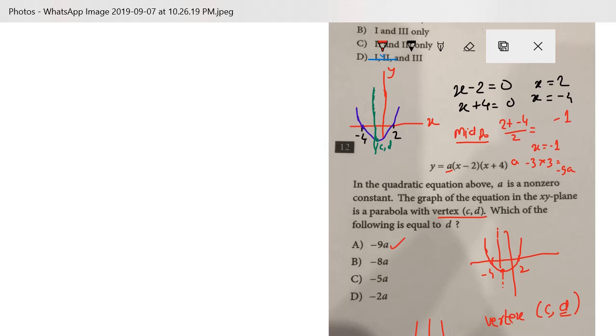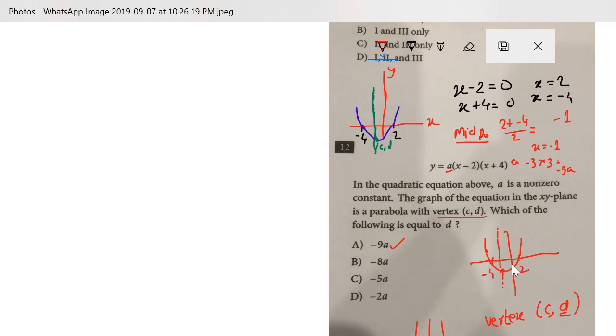So what can we do? One way is to draw it the way we have drawn it here. I've got minus 4 and 2, and if you want to find the midpoint, the formula is: we sum the two numbers and divide by 2. That will give us the middle number.